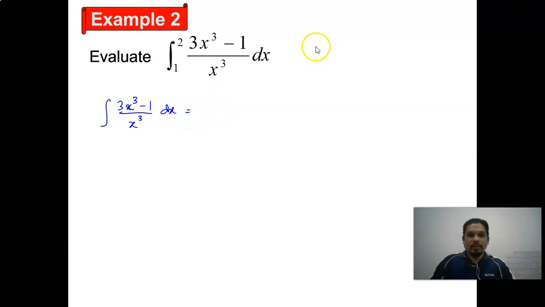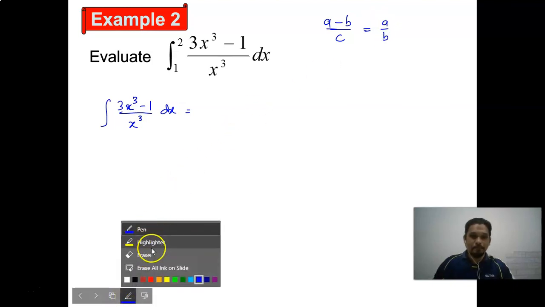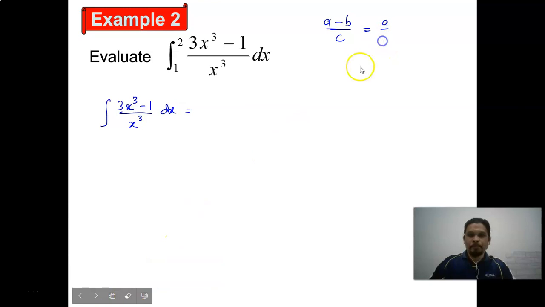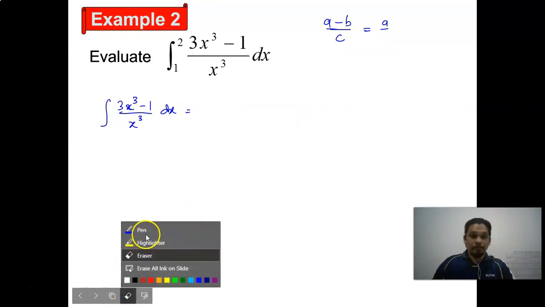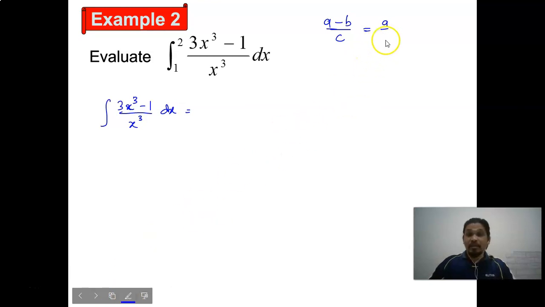It's just like (a minus b) divided by c, we can separate into a divided by c minus b divided by c.